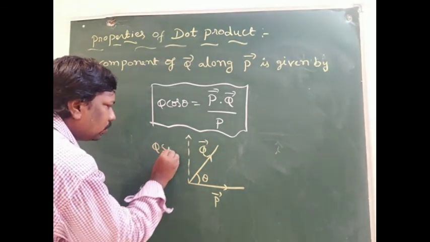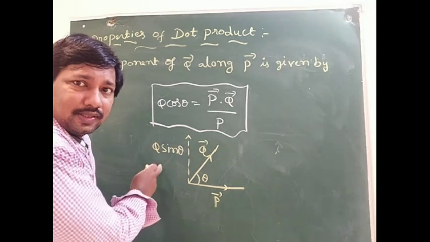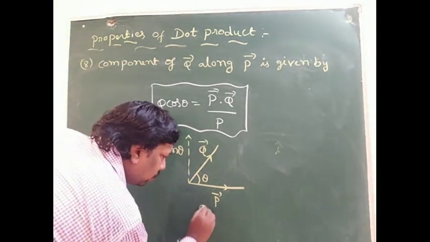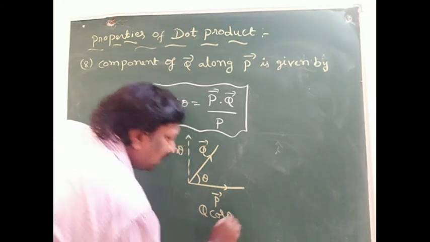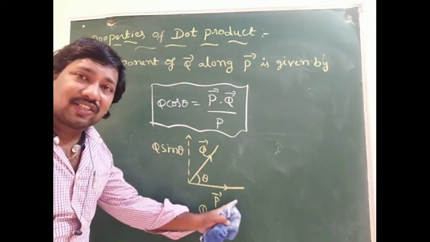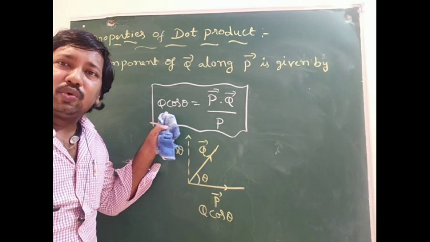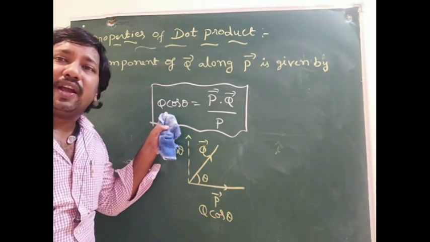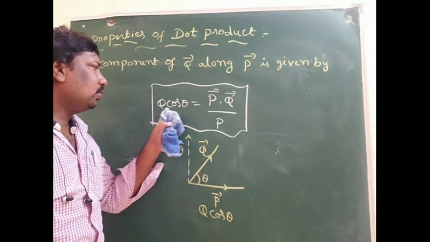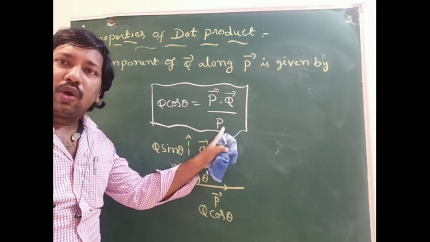This is Q sin theta along the direction of the y-axis, the vertical component of Q bar, and Q cos theta is the horizontal component of Q bar along the direction of P bar. So therefore Q cos theta is the component of Q bar along the direction of P bar. Therefore Q cos theta equal to P bar dot Q bar by magnitude of P bar.